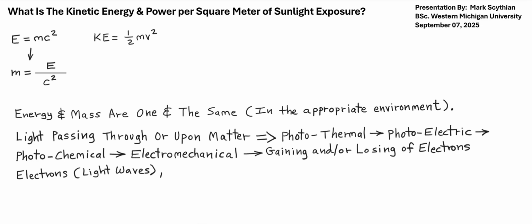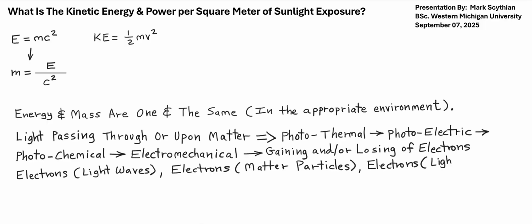So that is the electrons in the light, as in the light waves, and the electrons in the matter of whatever is being exposed to the sunlight. And then, of course, the totality of the electrons as both light plasma particles and light waves together.